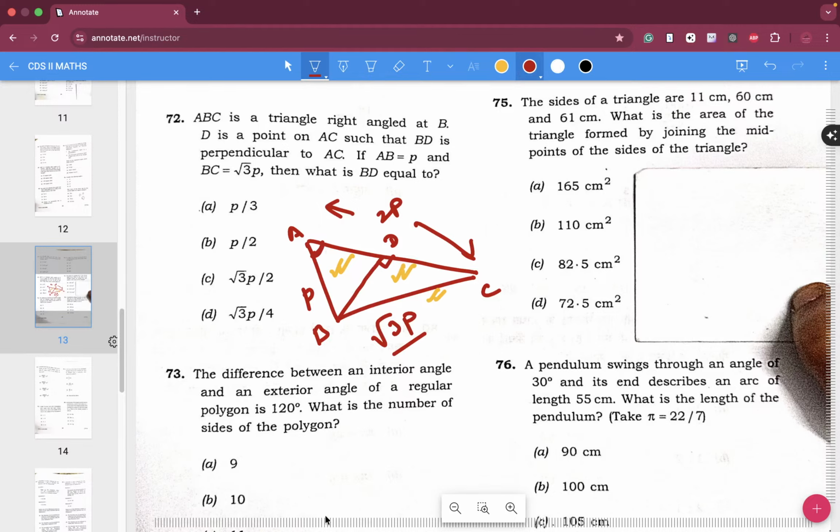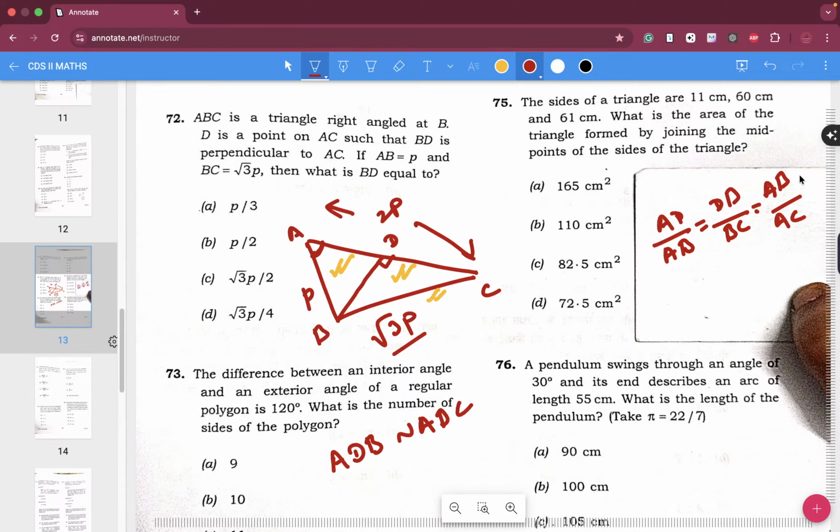Now A is a common angle. We say triangle A, common angle, D 90 degree angle, ADB is similar to the bigger one, ABC. Now write down all the corresponding sides: AD by AB is equal to DB by BC is equal to AB by AC.